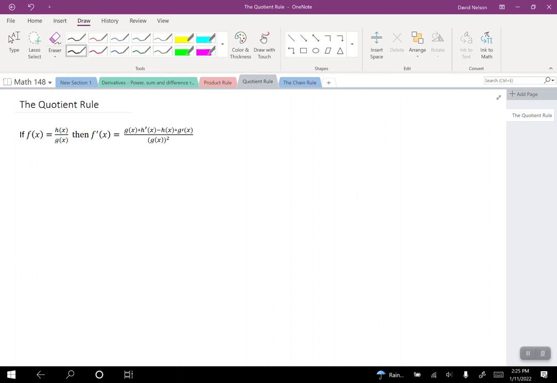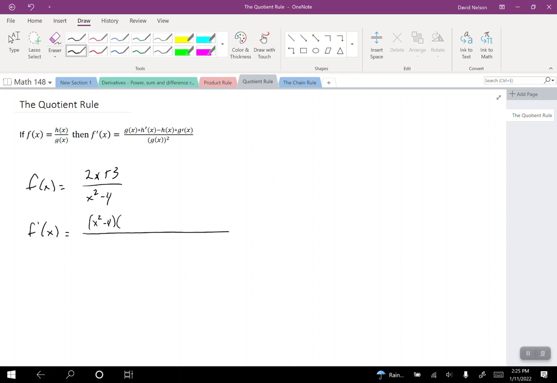So as an example, if you've got f of x equals 2x plus 3 over x squared minus 4, then the derivative of that will be the bottom function, so x squared minus 4, multiplied by the derivative of the top.